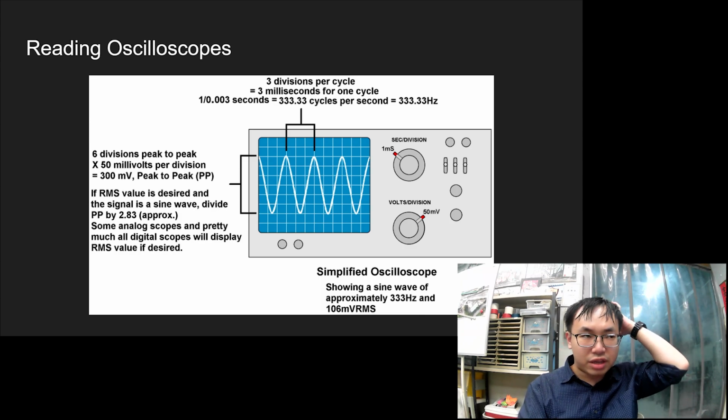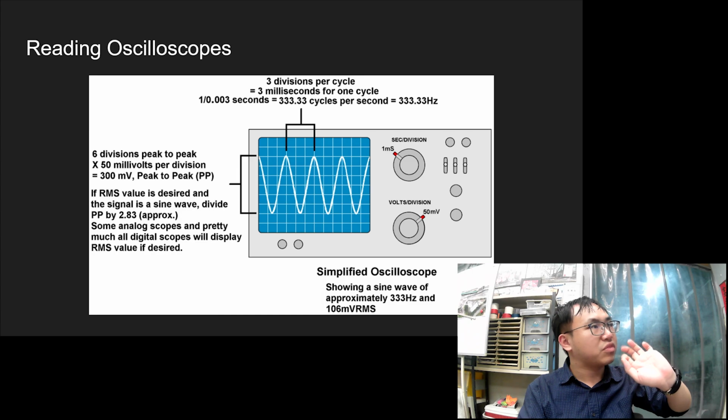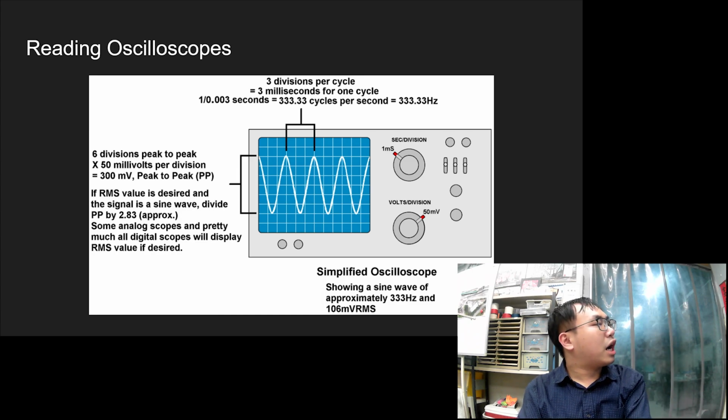I nearly forgot it. Okay, so one cycle. They will ask you, hey, on the oscilloscope, peak to peak, this is one cycle, so you can measure it. How many divisions does it require for the sine wave to complete one cycle? It is 1 division, 2 divisions, and 3 divisions. Okay, 3 divisions.